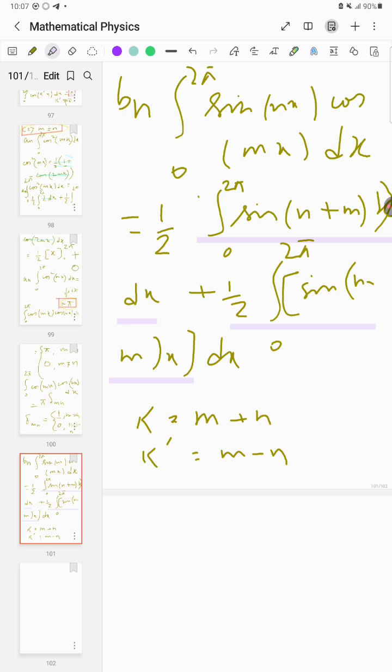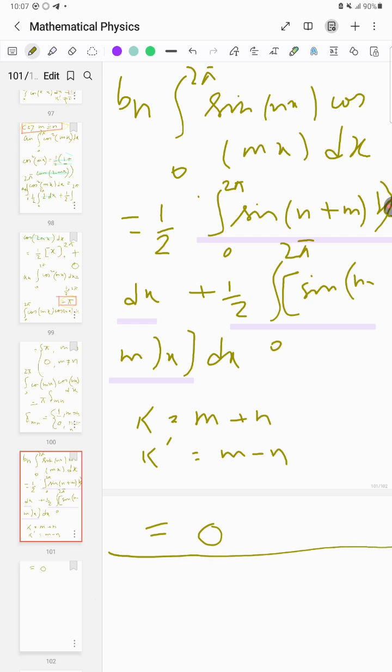So sine kx integrated over 2 pi gives us 0. So both these terms individually give us 0. So this third term will also give us 0, right? So now this is the end of it.